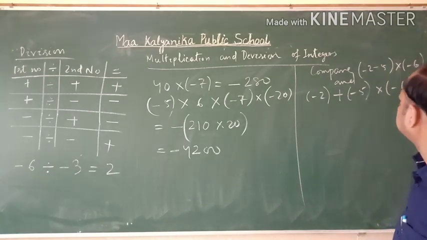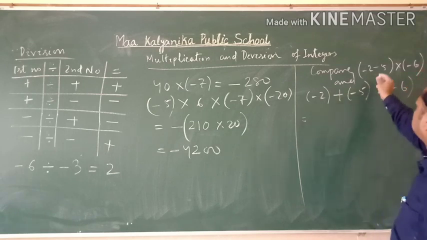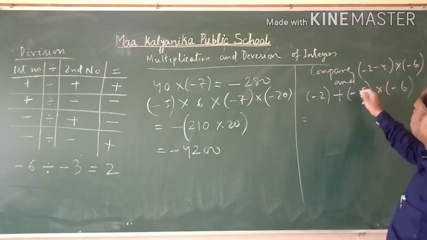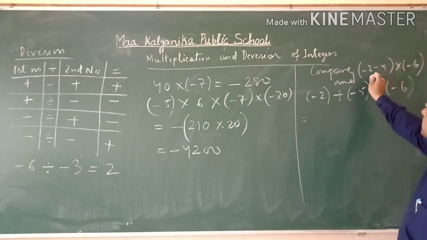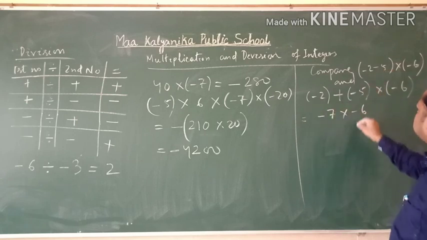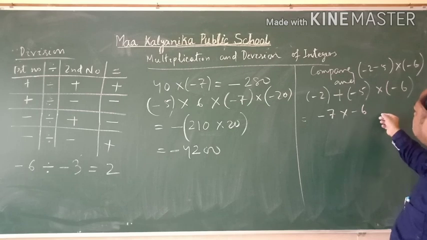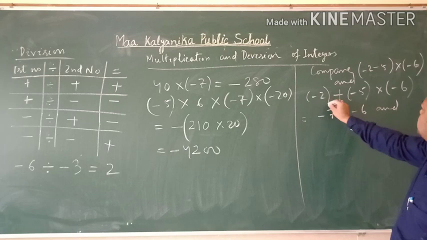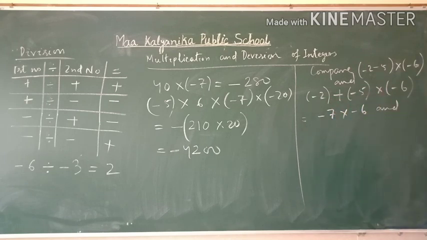So minus 2 minus 5. According to the rule, we solve the inside of the bracket first. Minus 2 minus 5 is minus 7, into minus 6.